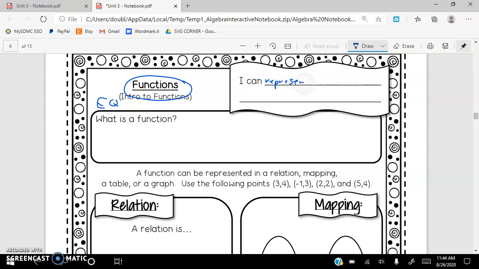represent a function in a relation, mapping, table, and graph.